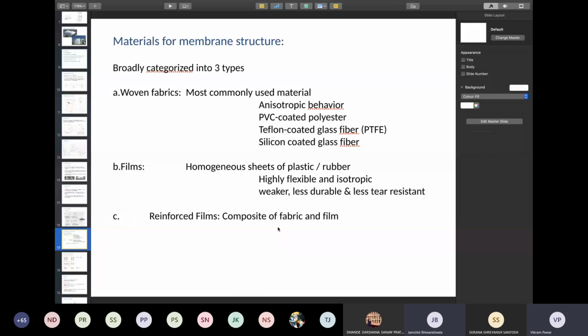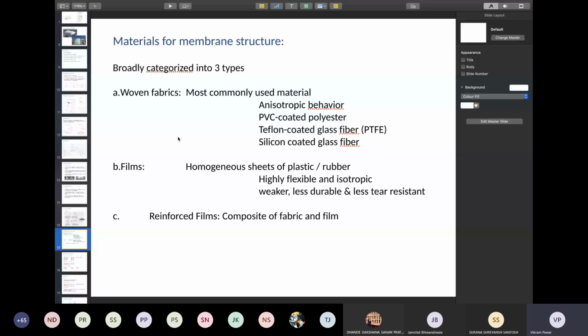Yeah, okay. Thanks. So then we come to what are the materials that membrane structures use. The materials which are used can be categorized into three ones. One is the woven fabric, which is the traditional. The tents were created just like a cloth, you have fabrics which are used.